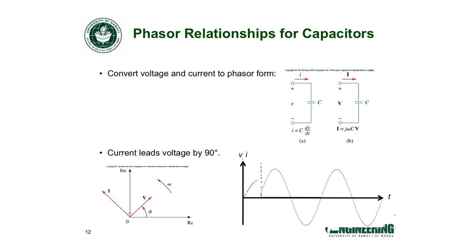So if I were to plot current, it's going to increase and reach a maximum. The maximum point is when the voltage across the capacitor is 0. So this is current, this is voltage. But just like the inductor, the maximums and minimums are offset by 90 degrees. It's just 90 degrees in the opposite direction compared to the inductor.